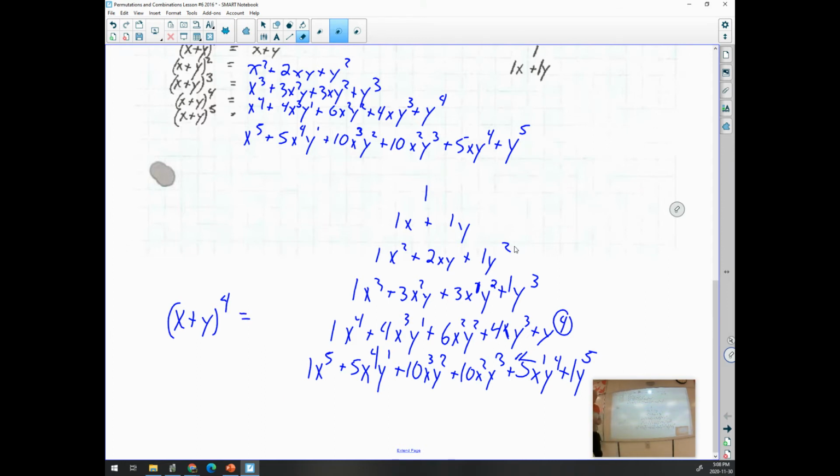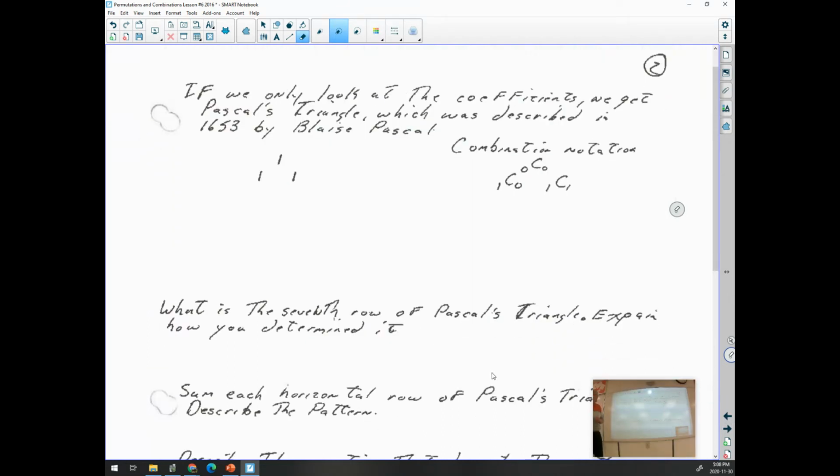There is also another pattern that is very important. I'm going to just write out the exponents for what we have. And I'm going to talk about the combination notation in a minute.